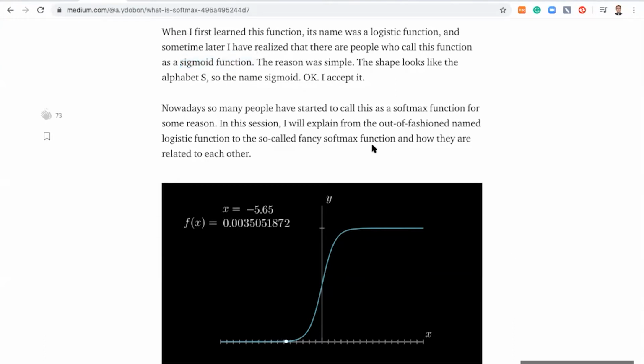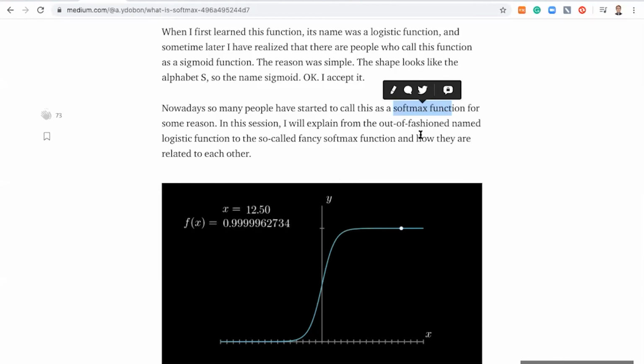And then recently, many people started calling this function the softmax function. And lots of students have now forgotten its original name. Actually, its original name is the logistic function, and the softmax function is a generalization of the logistic function.